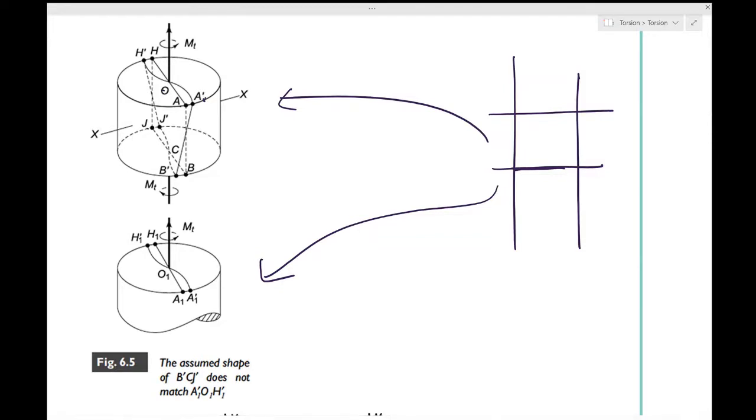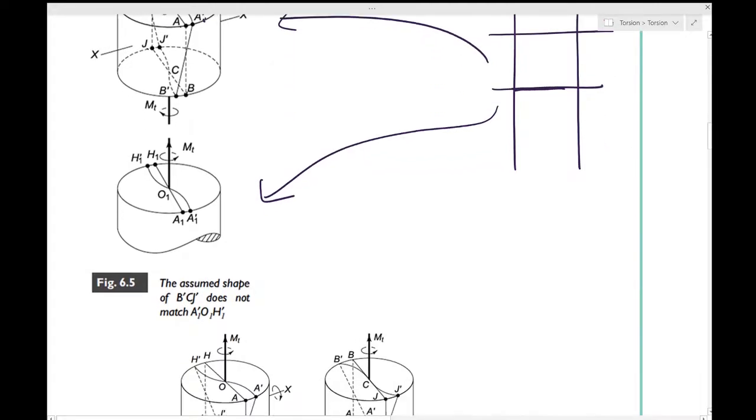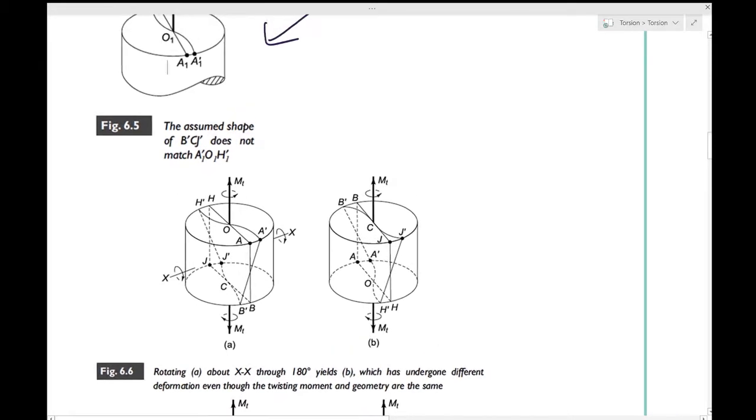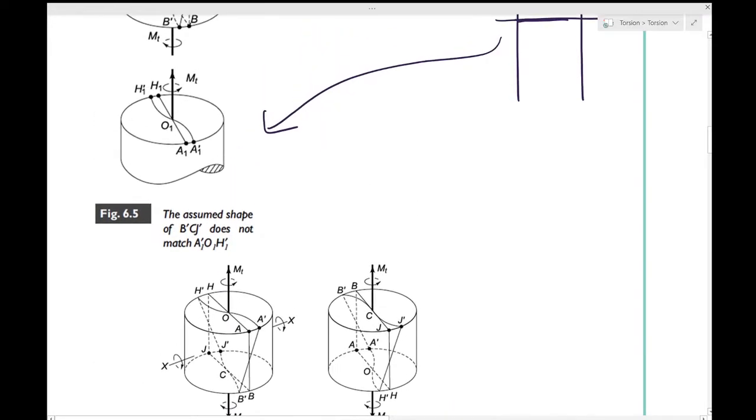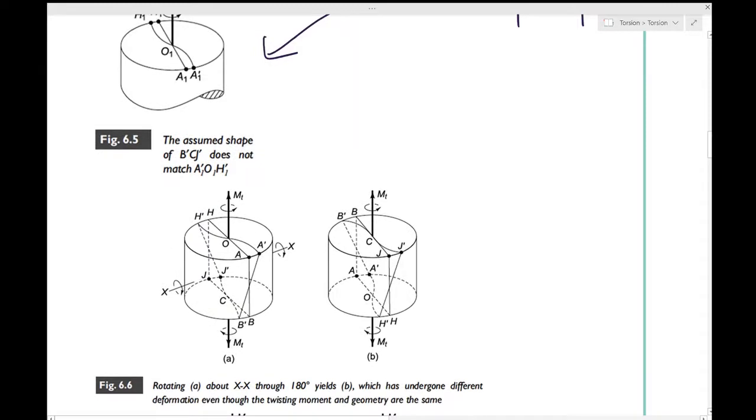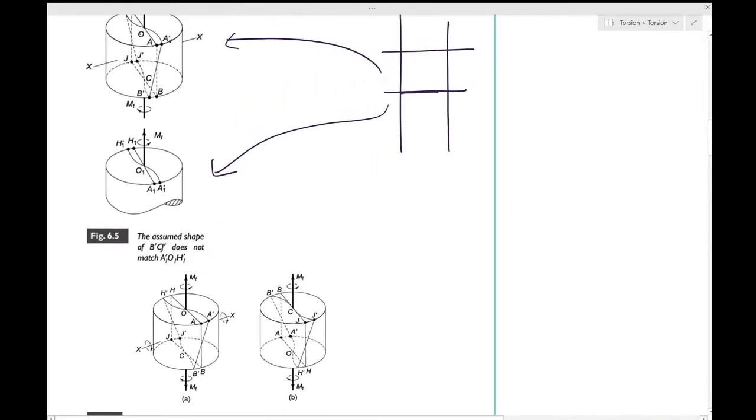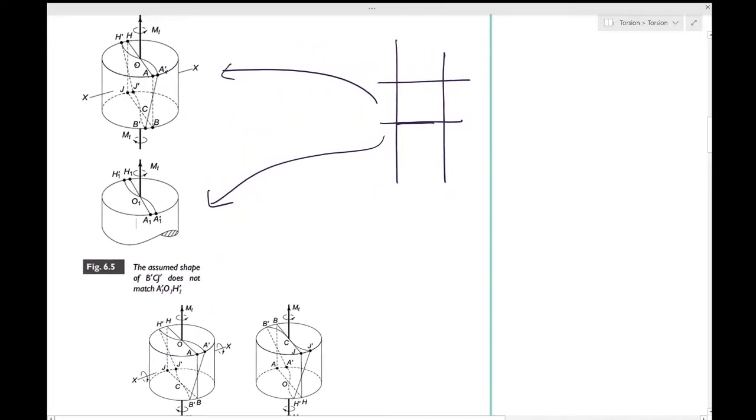Now since the curvature assumed for B'CJ' in figure 6.5 has led to a contradiction, we next make the tentative hypothesis that B'CJ' has the opposite curvature shown in figure 6.6a. So let's move to 6.6a and see how this is opposite. You are trying to compare this with this.